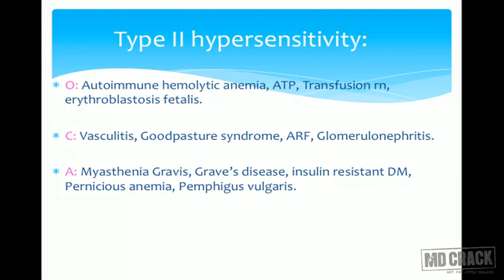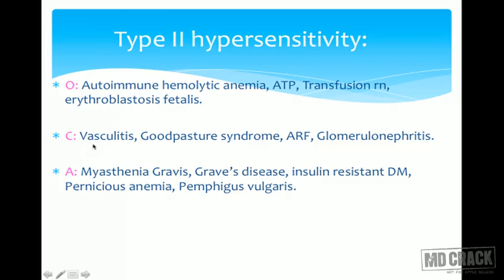The examples of type 2 hypersensitivity reactions, the opsonization mediated, are mainly autoimmune hemolytic anemias. All types of autoimmune hemolytic anemias come under type 2 hypersensitivity reactions. Then various transfusion reactions and even erythroblastosis fetalis are classical examples of type 2 hypersensitivity reaction, that is antibody mediated.